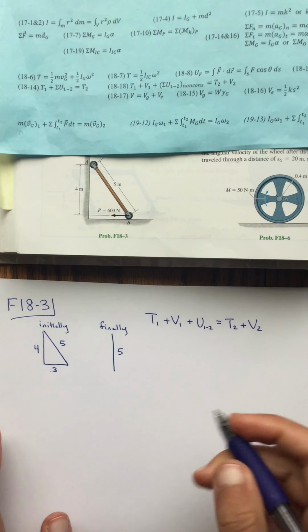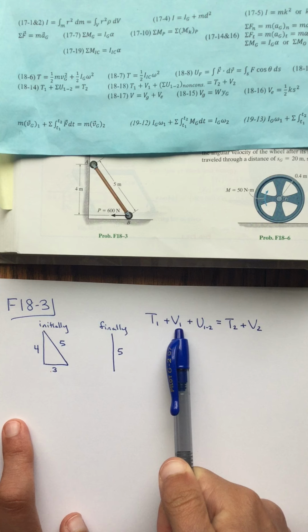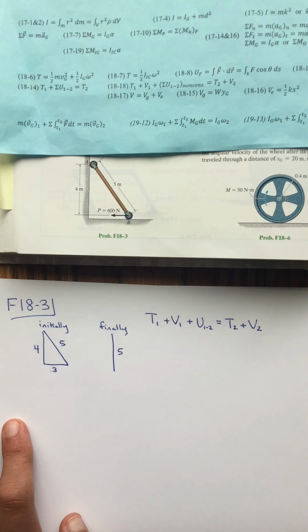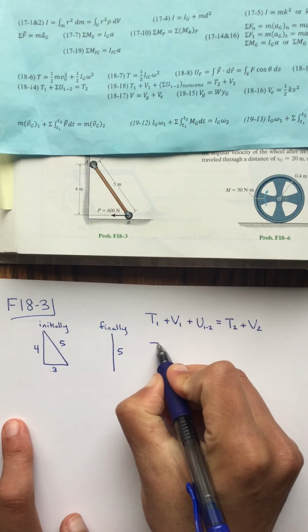But really, I don't need to find the initial and final gravitational potential energy. All I need is the difference between the two.